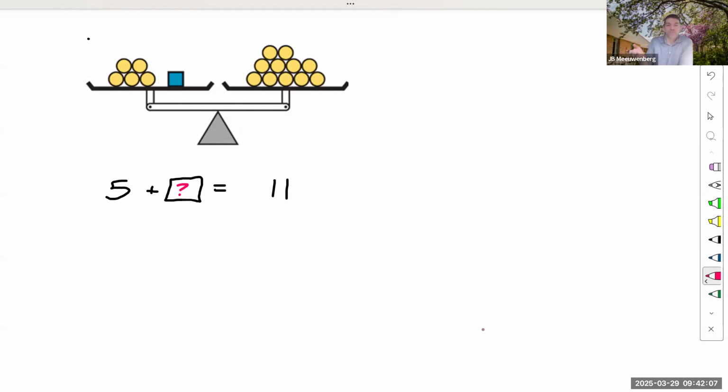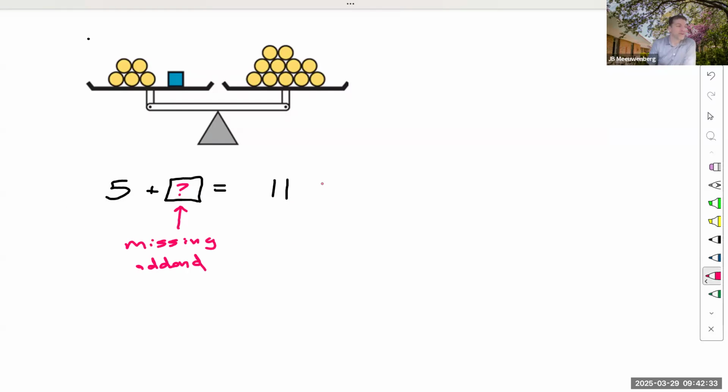It's also thought of as: what number must be added to 5 to equal 11? There's that concept that I mentioned earlier, the missing addend. Subtraction, remember, can be thought of as the missing addend. What number do we have to add to 5 to get to 11?